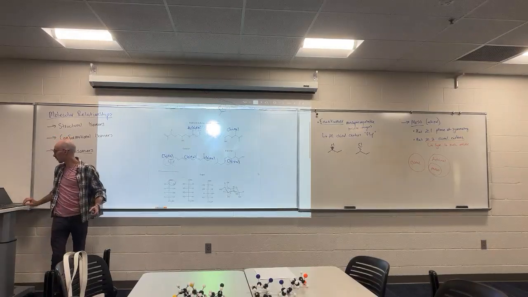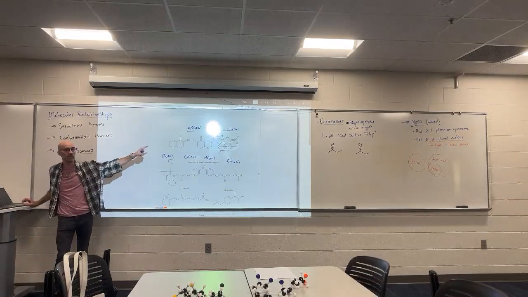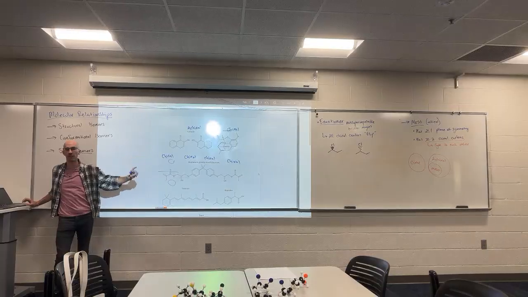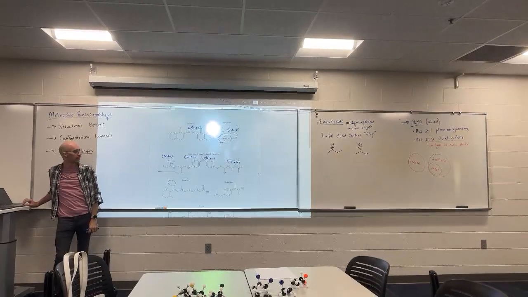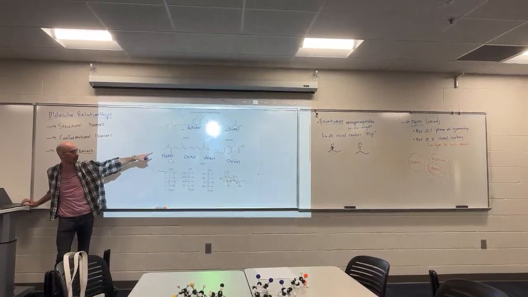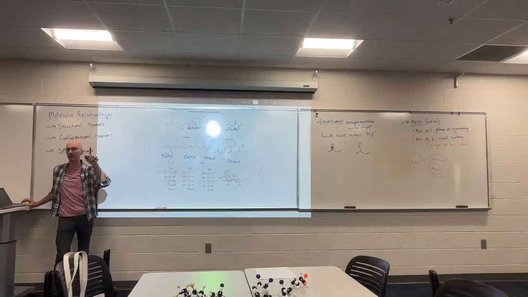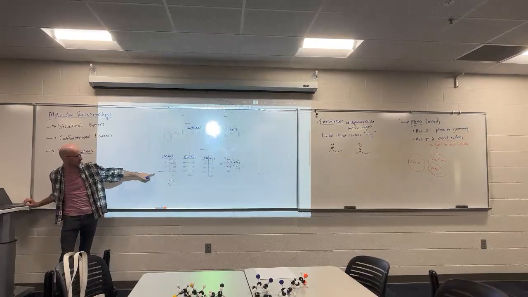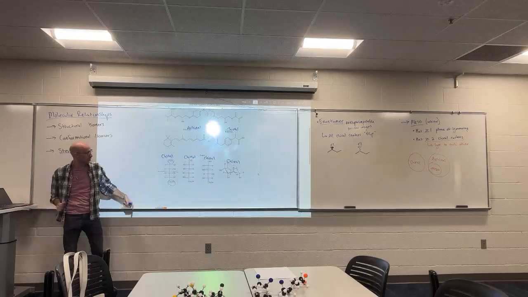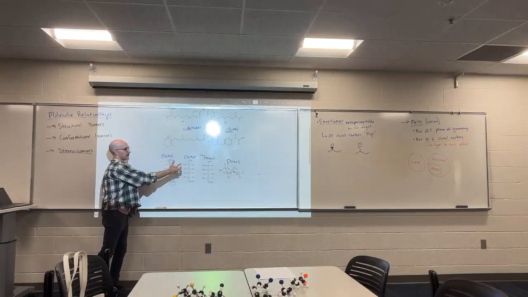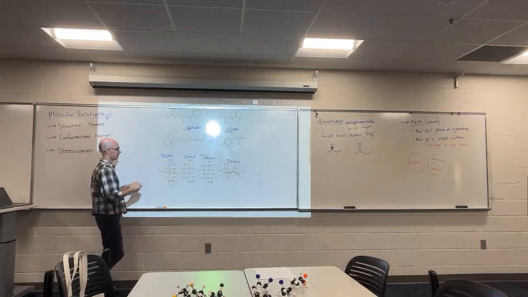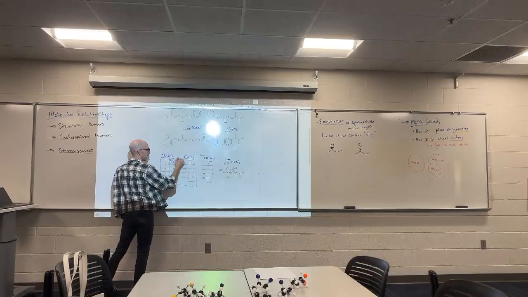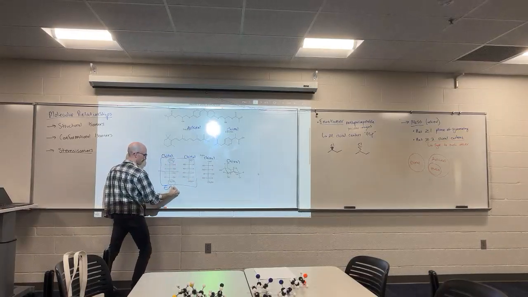The enantiomer for oxycodone, all four of those chiral centers flip. The enantiomer for ibuprofen, that one chiral center flips. The enantiomer for these sugars, all chiral centers flip. These two sugars are enantiomers of each other.